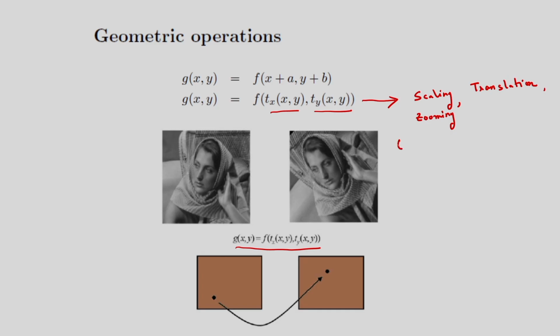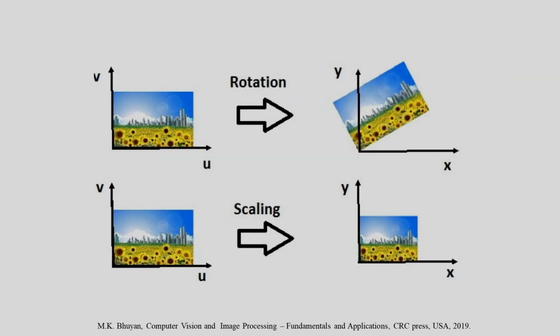So suppose I consider some transformation tx(x,y), and in this case suppose the x coordinate is divided by c, and if I consider ty(x,y), the y coordinate is divided by d. So by this transformation I can do zooming in and zooming out. And in this case I have shown some operations like rotation I can do, and also I can do the scaling. That is, I am changing the domain of an image.